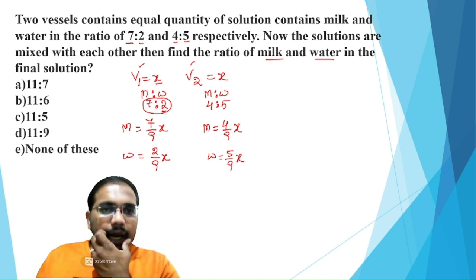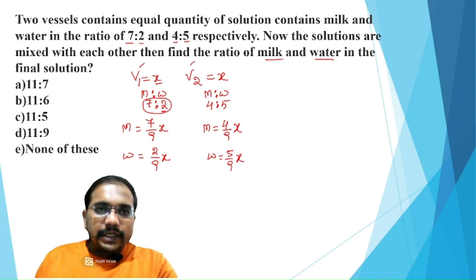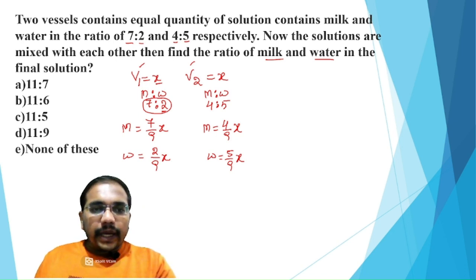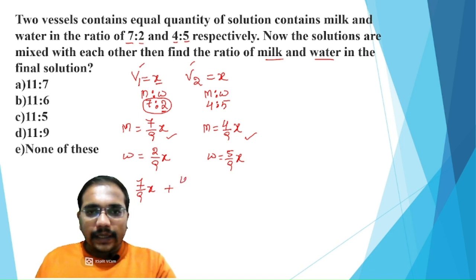Now we are adding the entire quantity of vessel 1 and vessel 2, so milk will be added and water will be added. Milk is 7/9x plus 4/9x. Water is 2/9x in the first vessel plus 5/9x in the second vessel.